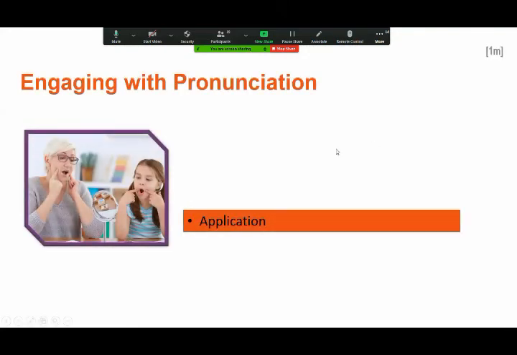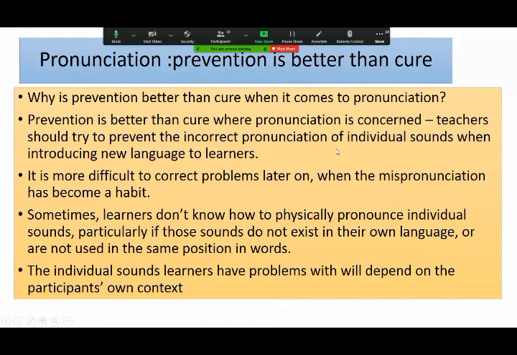The application. Okay, pronunciation. So prevention is better than cure. Why? Prevention is better than cure when it comes to pronunciation.